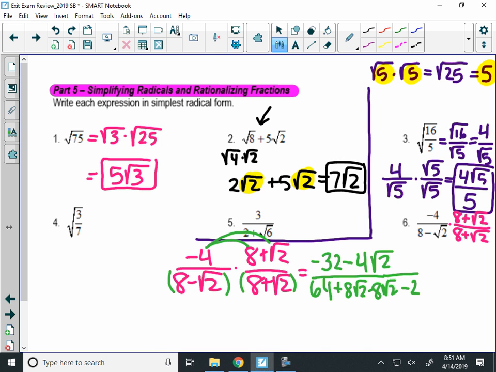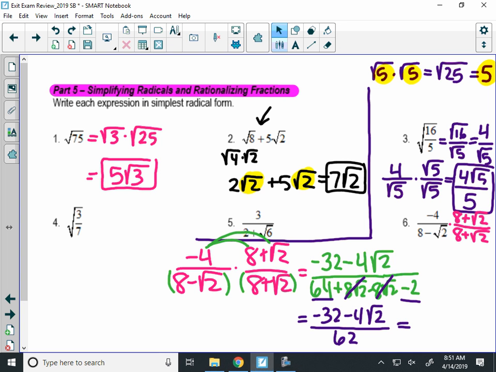Those middle terms are going to cancel off, positive and negative 8 radical 2. So you end up with negative 32 minus 4 radical 2 over 64 minus 2, which is 62.